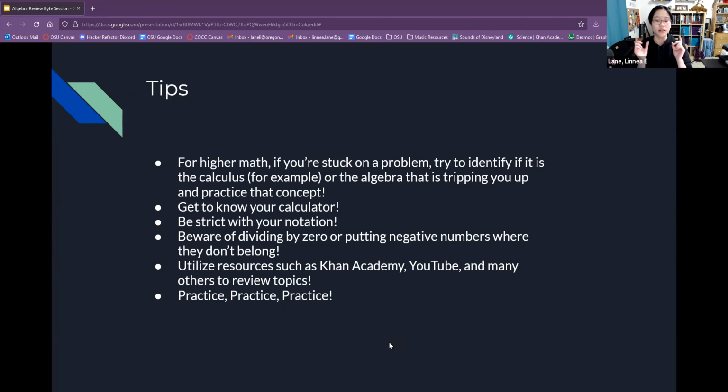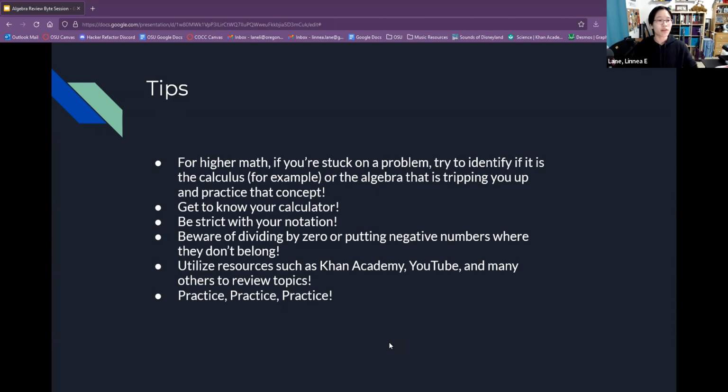That can be a very important distinction to make, and will help you solve your problem without being confused by thinking, oh, this is higher math, this is all new, I don't understand what's going on. Take a moment to think, is it just some algebra rule that I'm forgetting? That might help solve your problem.